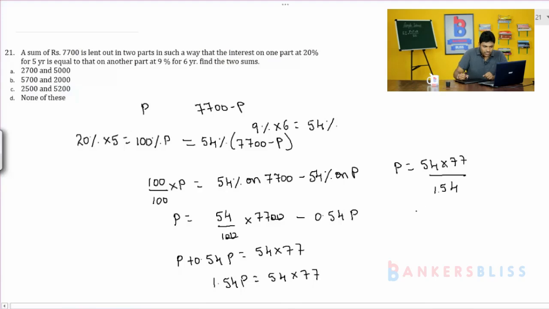Which is equal to 54 into 7700 divided by 154. So 77 twos are 154. So 100 by 2. Next, 2 twos are 4, 2 sevens are 14. So which is equal to 2700.